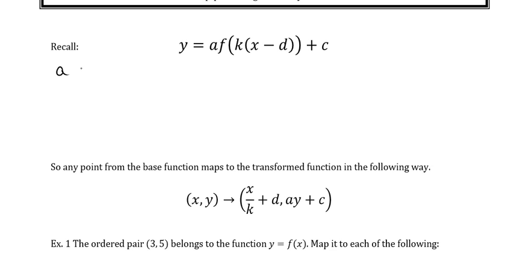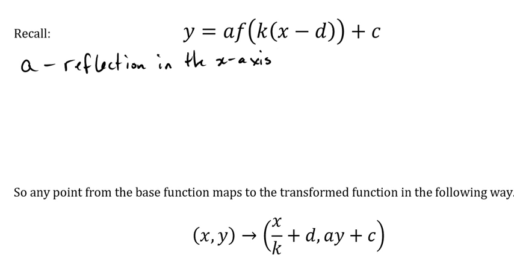So we've got A. It could be a reflection in the x-axis if A is less than 0, if it's negative, in other words, and it's a vertical stretch if the absolute value of A is greater than 1.